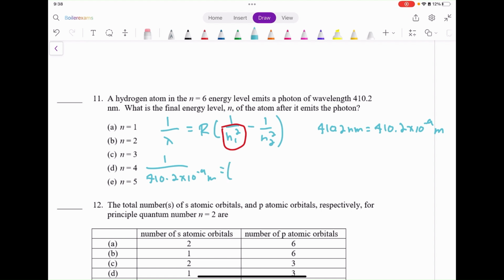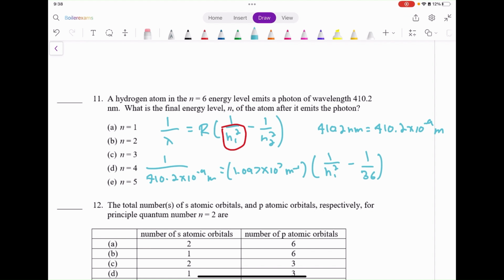The Rydberg constant is 1.097 times 10 to the 7th, and that's inverse meters. And then 1 over n1 squared, which is what we're solving for, minus 1 over 36.